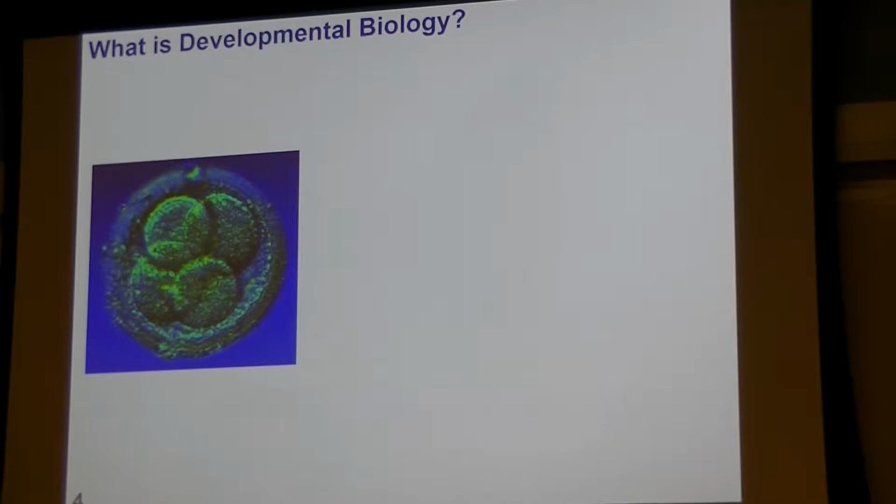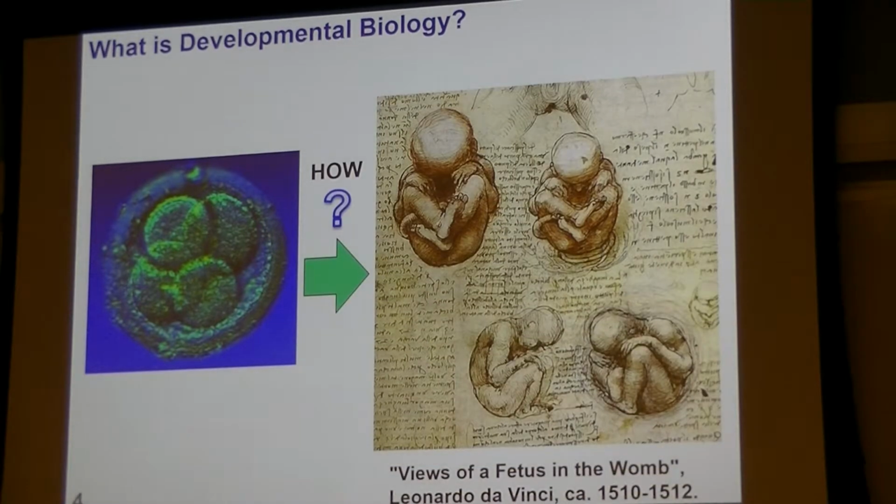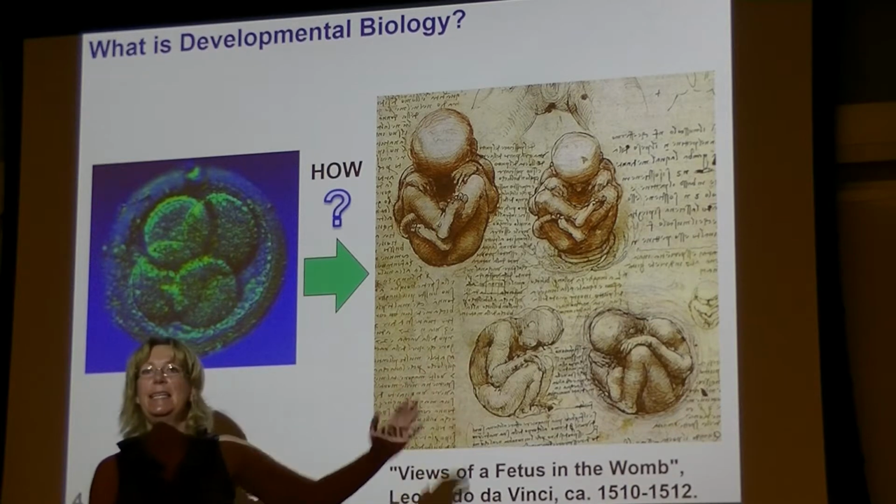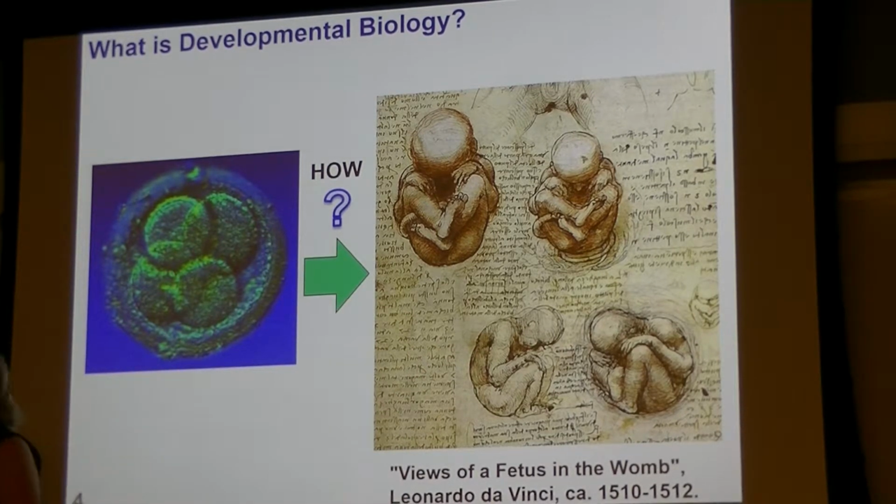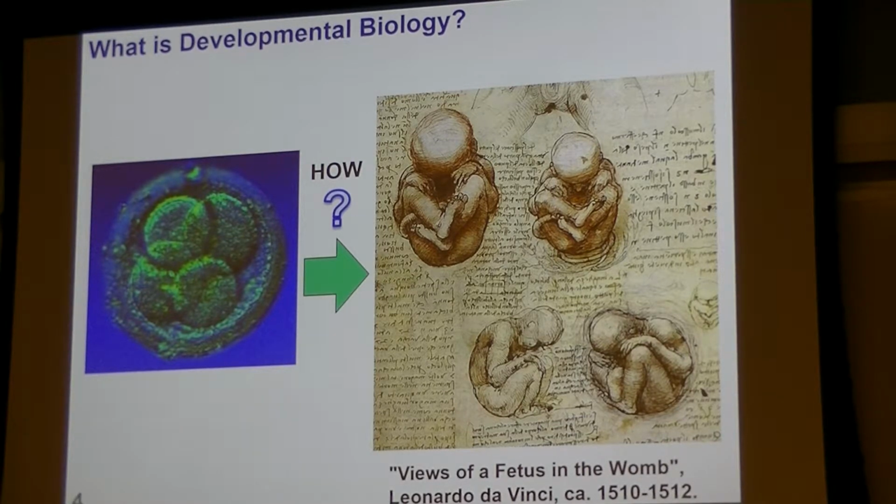And then we go through this period of embryogenesis, the building of the embryo, and look at what we get out on the other side: an amazingly complex individual with patterning, with organs, with a brain, with all sorts of differentiated cell types. And developmental biology is the process of how this happens. How do you get from A to B?